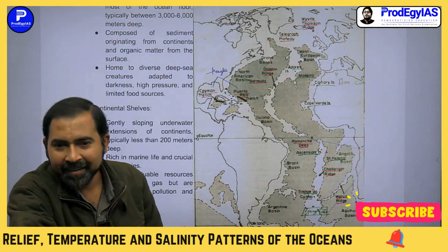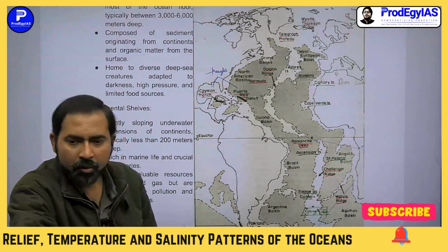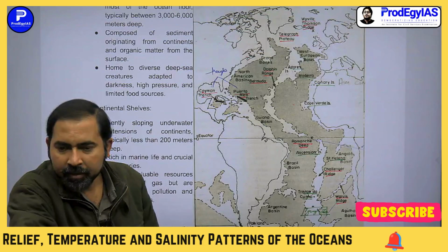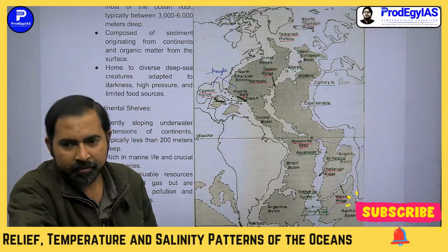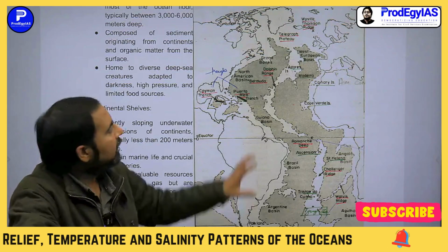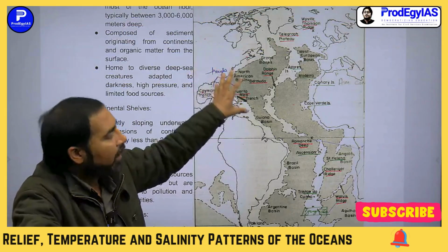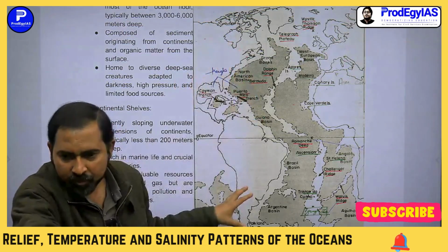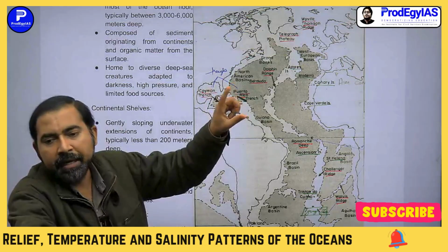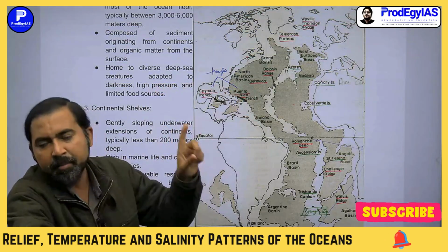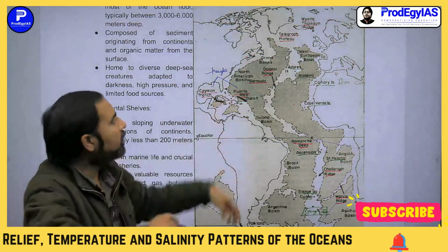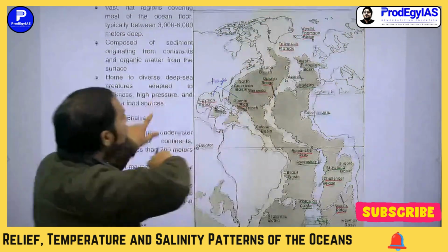Actually, I'm just saying that you have to memorize these names of the plateaus and the ridges. Like there was the 90-degree east ridge, which is part of the Indian Ocean.